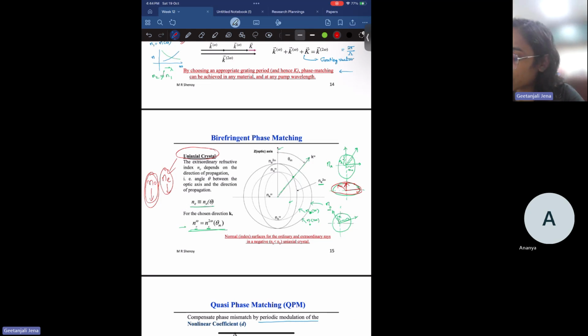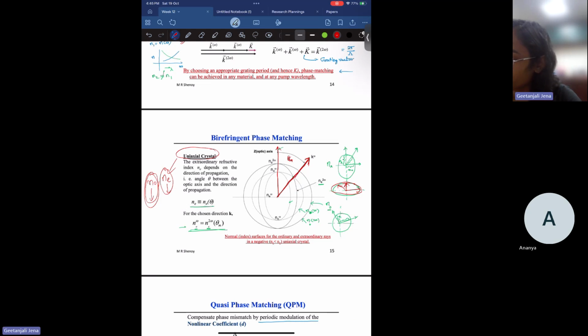That is why we see an ellipse for the extraordinary refractive index. Now let us say inside this uniaxial crystal, we incident the light in this direction, which makes an angle theta m with the optic axis. So this is the direction of propagation.